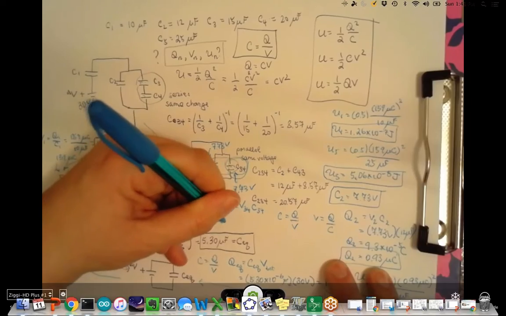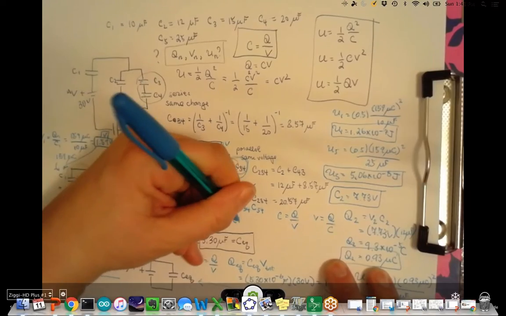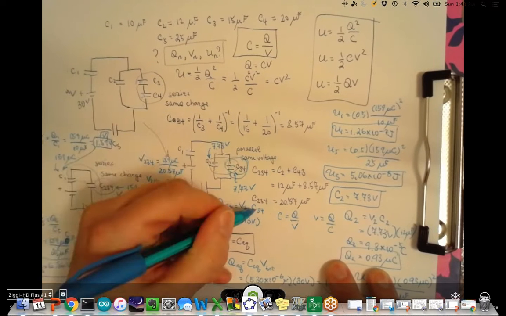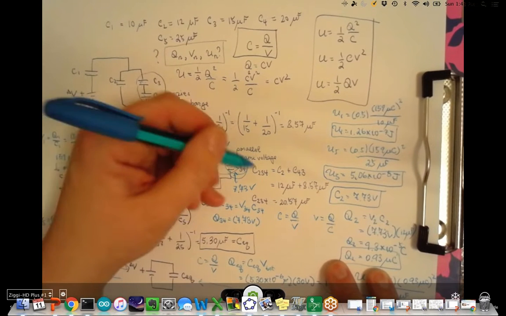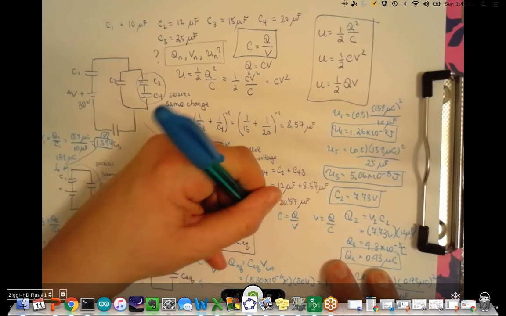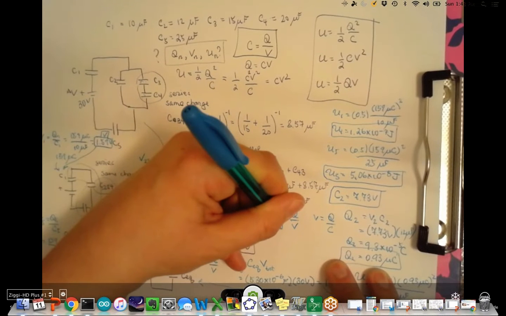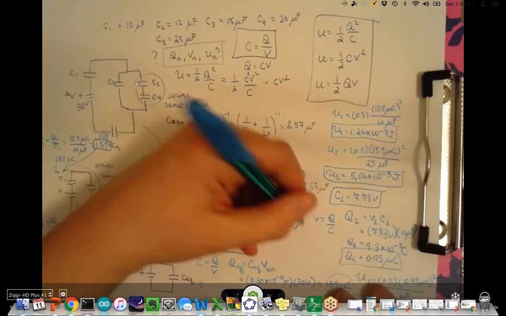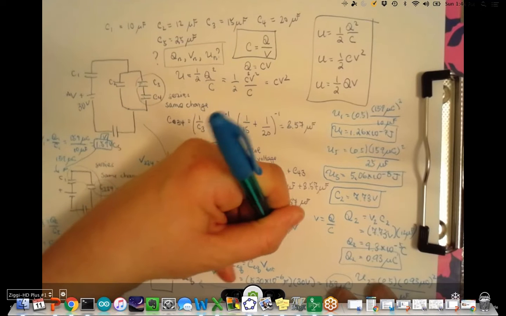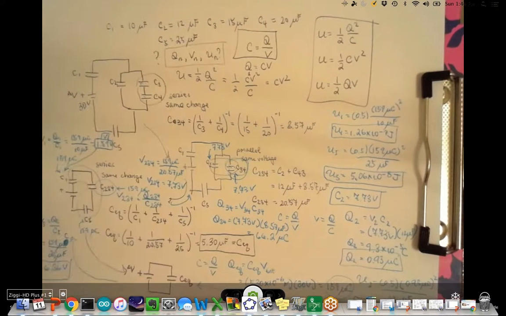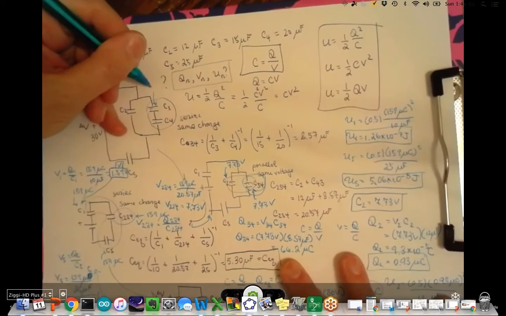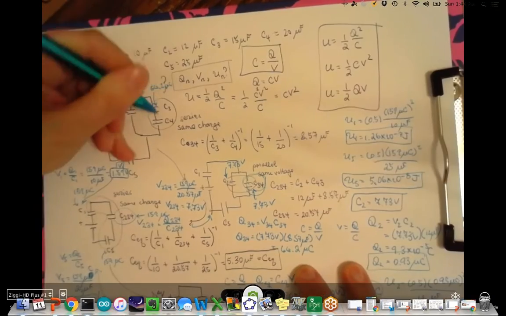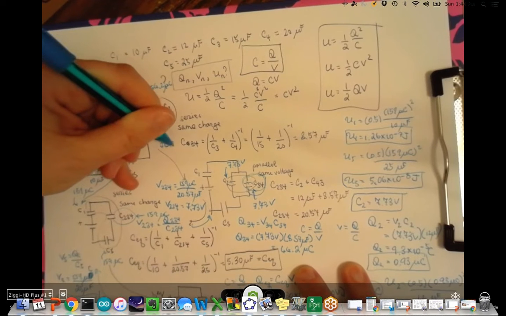So Q34 equals 7.73 volts times the capacitance of C34, which we said was 8.57 microfarads. That gives us a charge of 66.2 microcoulombs, which means C3 has 66.2 microcoulombs, and so does C4.